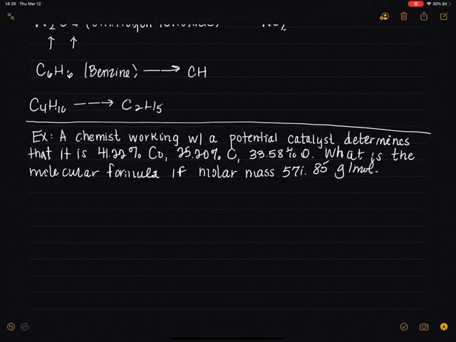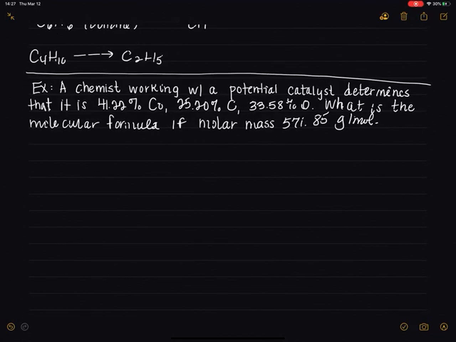In order to make the jump from here to here, we need access to this piece of information. This problem starts the same way as our other examples. We pick a convenient mass.